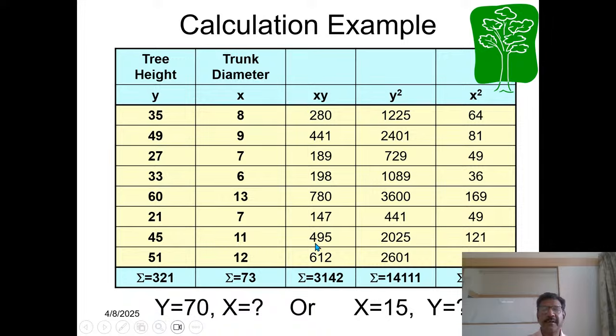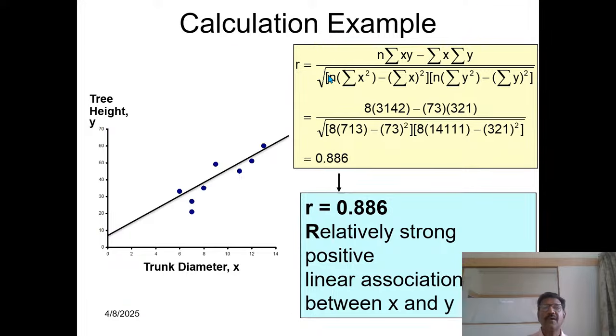This is simple statistics. You have to multiply and take the squares. Then you have to apply the formula r equal to whatever formula is there for the linear regression coefficient. You put the values, n equal to 8.